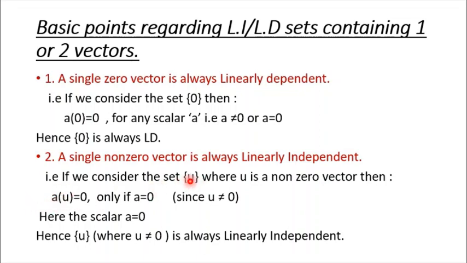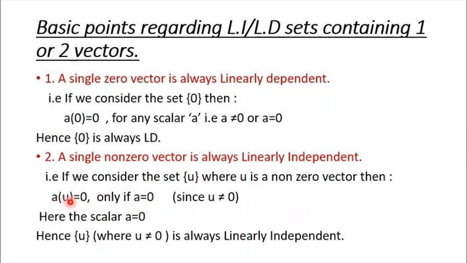Take one scalar a and write the vector equation a into u is equal to 0. Now a into u, when can it be 0? The product au will be 0 when either a or u is zero, but u is non-zero. So this is true only if a is equal to 0, since u is non-zero. So a must be 0 here.